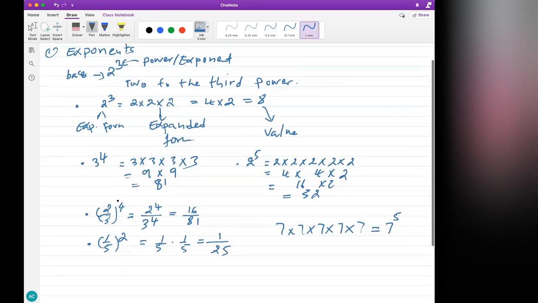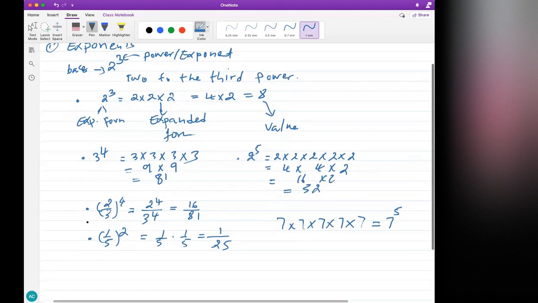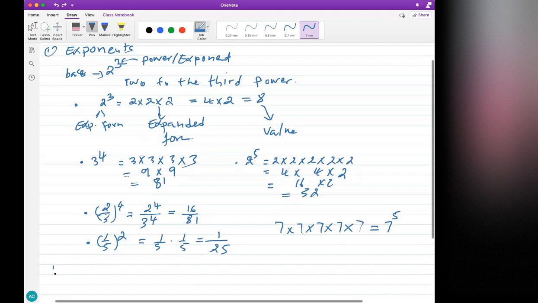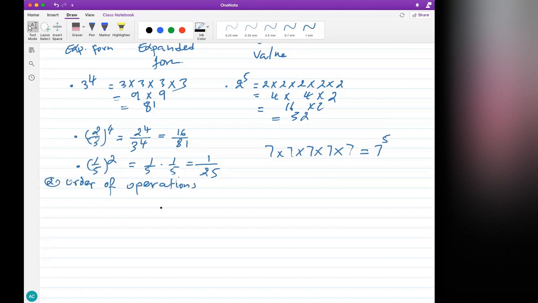Okay, let's now move on to the order of operations. We're going to be using this in that. Operations are basically addition, subtraction, multiplication, and division, and exponents as well.